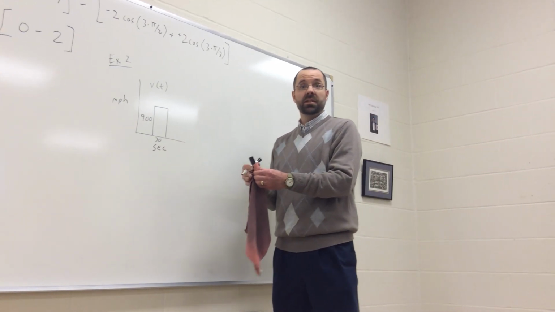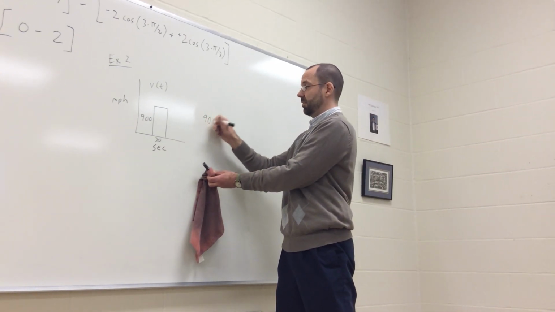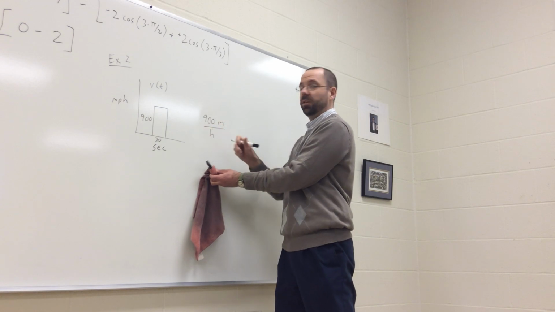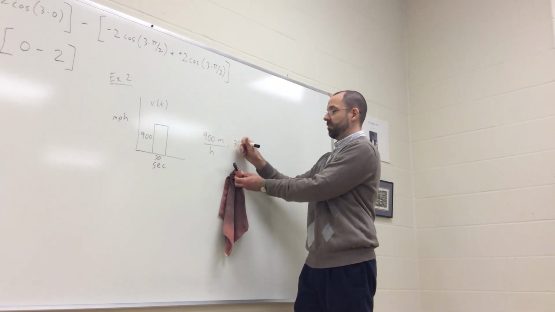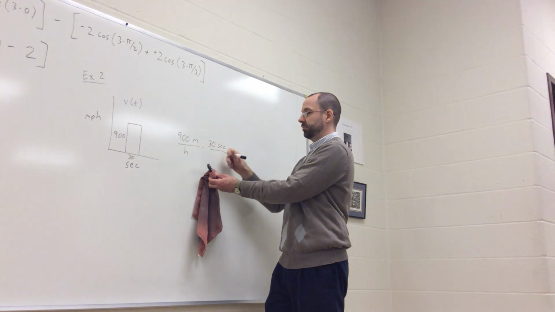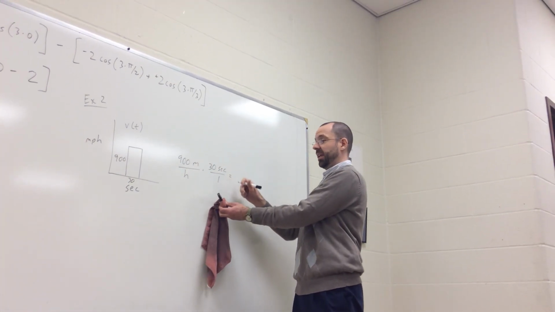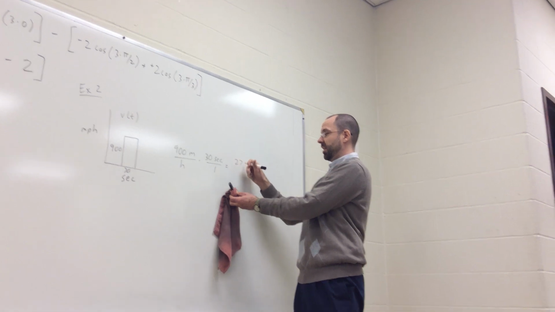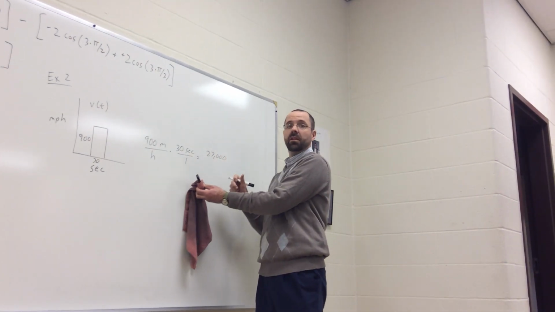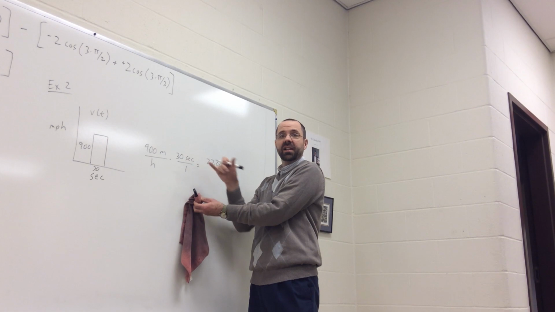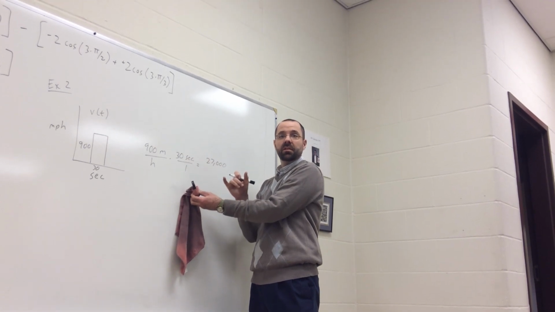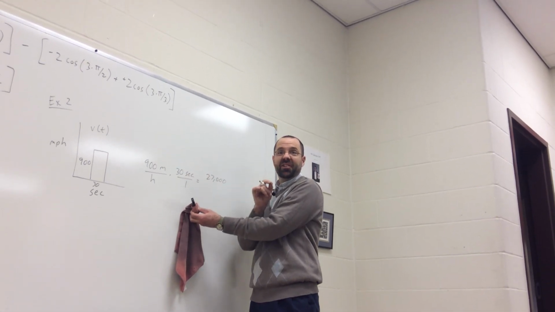So to find distance, then you take the rate, 900 miles per hour, multiplied by the time, 30 seconds. And when you multiply that out, you get 27,000. What's a mile times a second? A mile second, right?